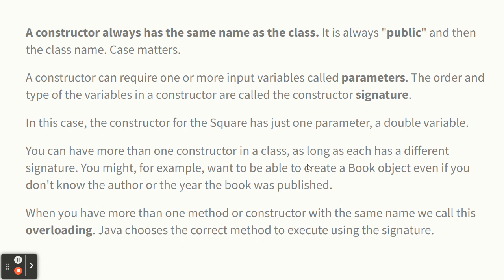That's easy enough. When you do something like that, it's called constructor overloading. In this case, overloading isn't bad. It just means you have more than one of that same thing, and they're different. Java tells which one is which by looking at the signature, which is what variables are in the parameter list.